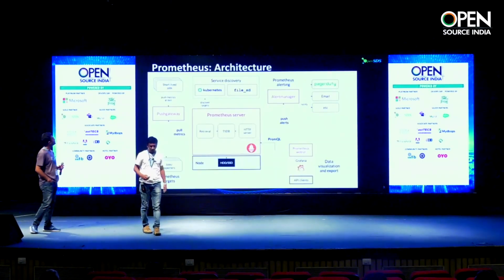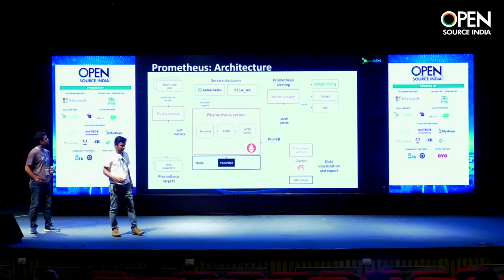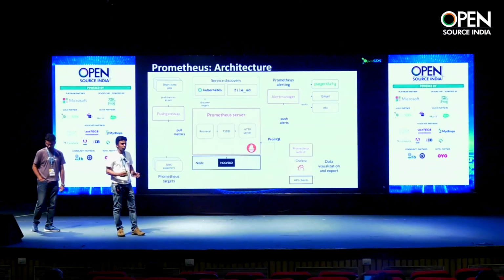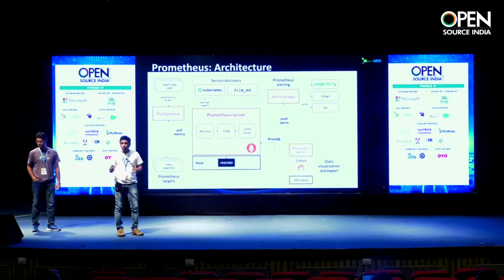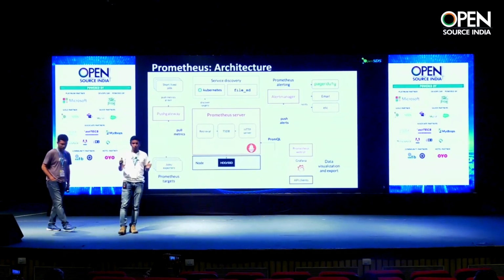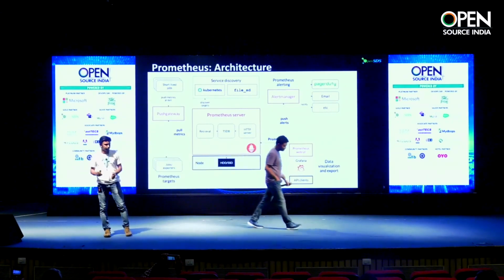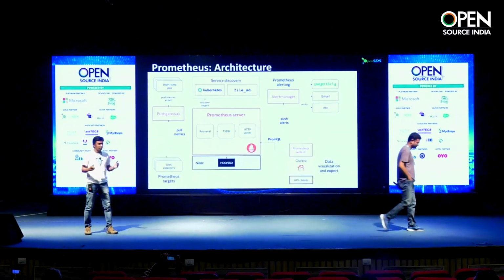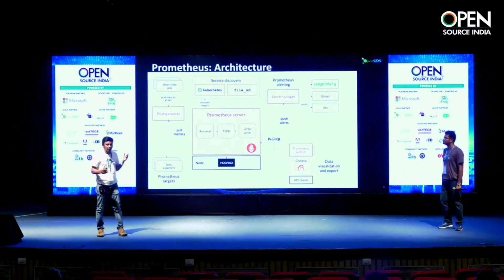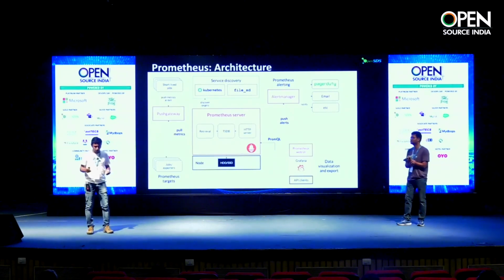Yes. So let's look into the architecture of Prometheus. If you see, the center part, the heart of Prometheus, is the Prometheus server, right? Based on your deployment, you can have one or multiple deployments of Prometheus server. Prometheus server contains a retrieval module, time series database, and HTTP server.